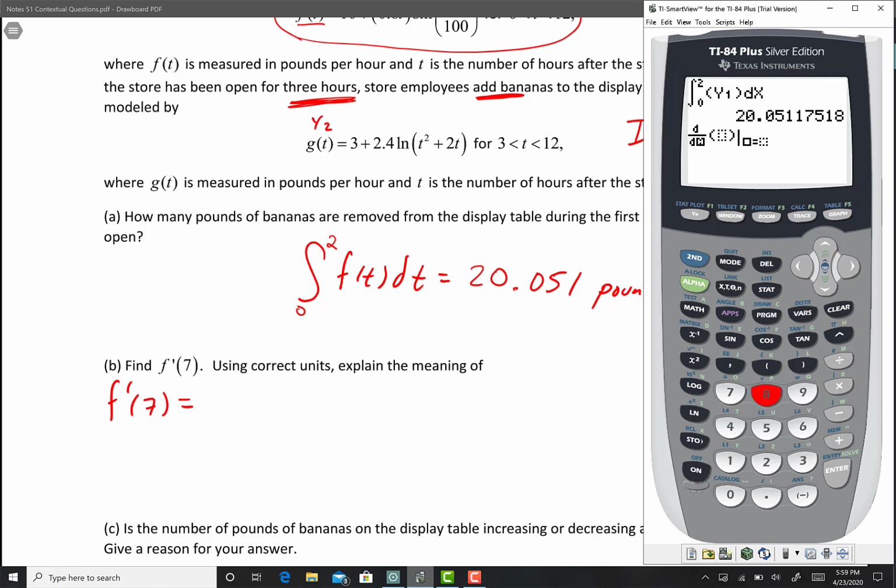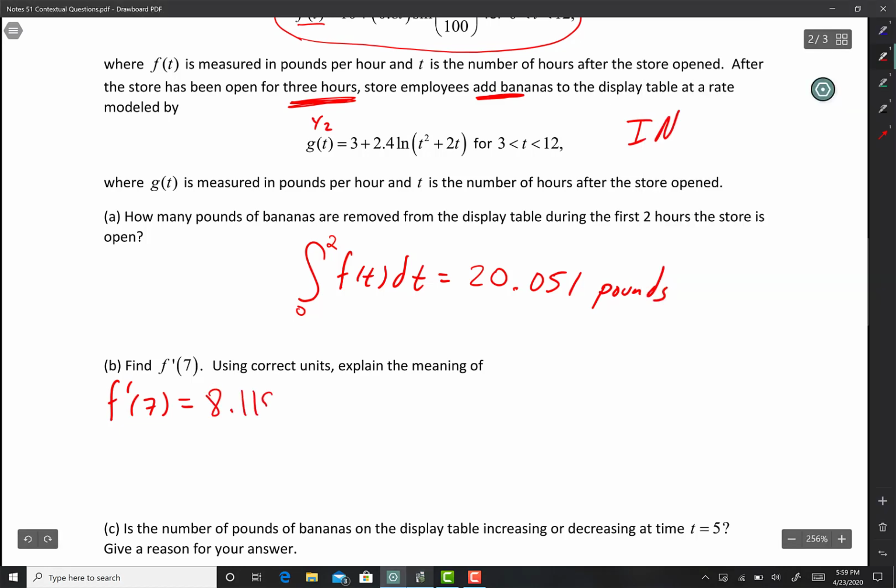All right, X, and then I'm going to push alpha, trace, Y1 at 7, enter. And we get 8.119. So I'm going to write 8.119. 8.120 if you truncate it, guys. And this is going to be in pounds per hour.